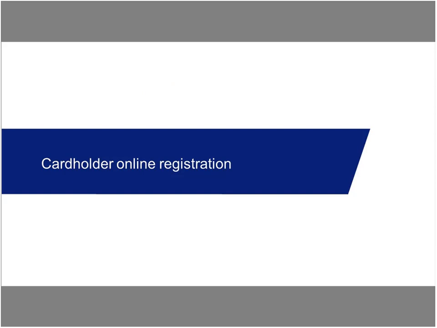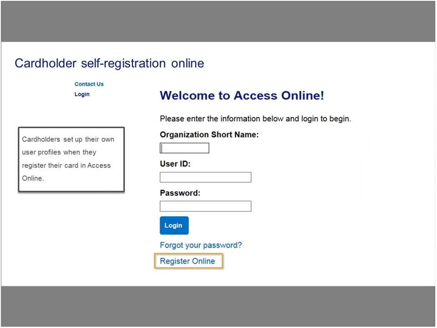So the cardholders will be able to set up their own login to get into Access Online once they receive their card using this cardholder online registration process. The way that works is you would just need to give them the link to the login page, and then give them your organization short name.